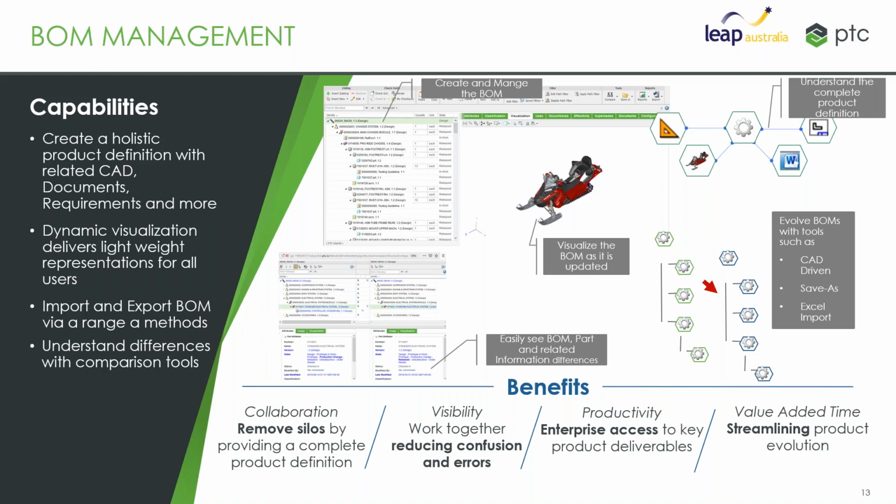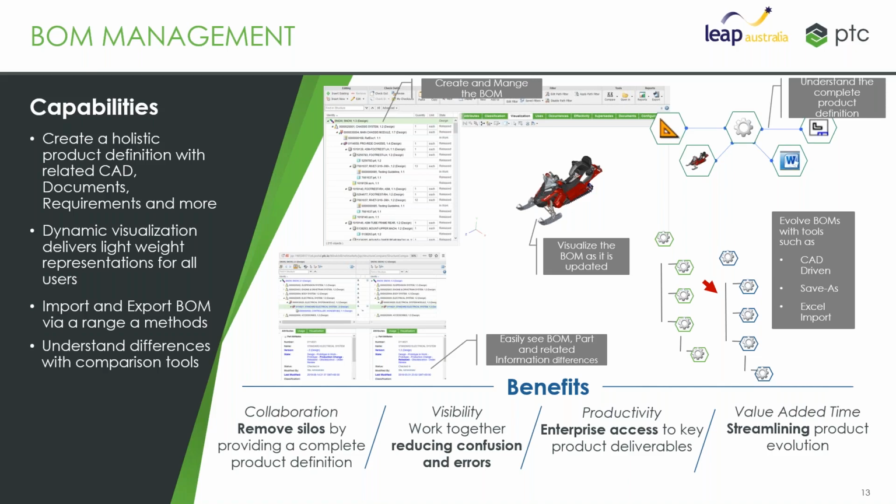Okay, we've got the ability to import and export those BOMs as well, and a bunch of comparison tools that Imran is going to show us in the demonstration. So basically the ability to manage that BOM related to and driven by CAD with all the associated documentation, but moving away from systems like Excel, which is really just a disconnected export out of the system, and doesn't evolve over time like this does, because it's live and connected to the data.